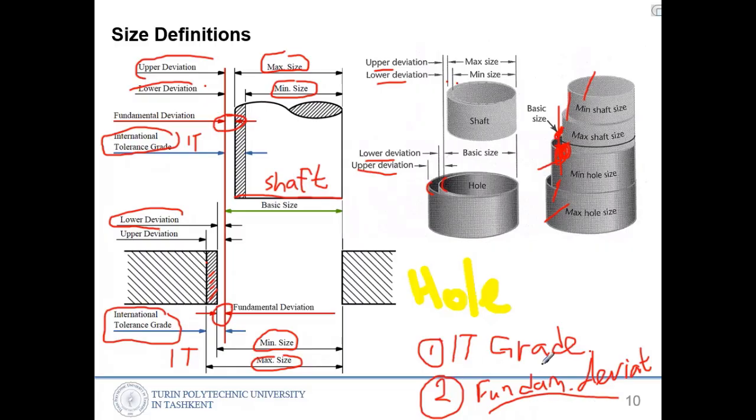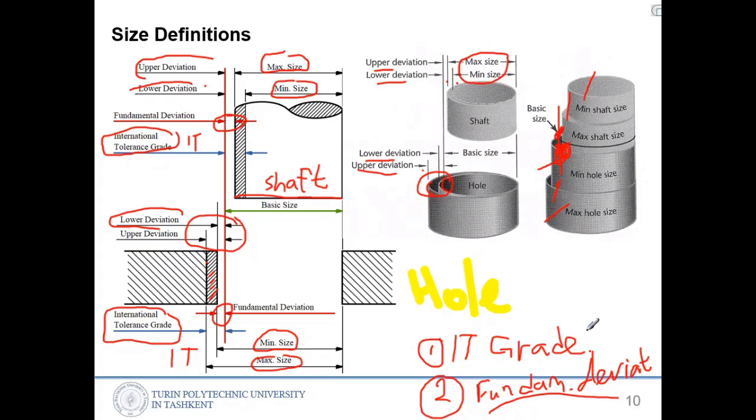The IT grade is the distance between the shafts themselves, or between the holes themselves: the distance between the biggest hole and the smallest hole, and between the maximum shaft and the minimum shaft.